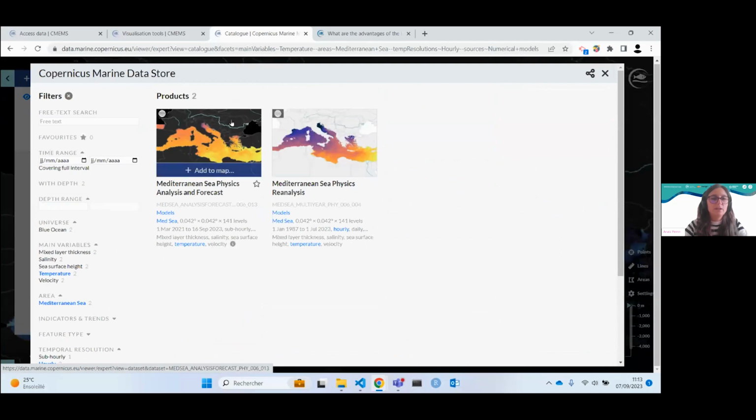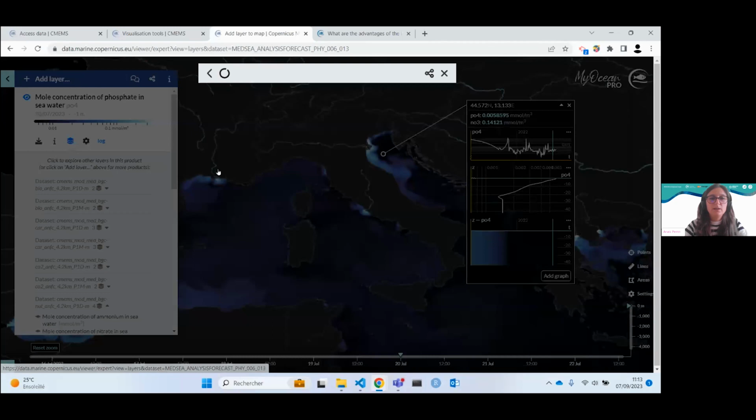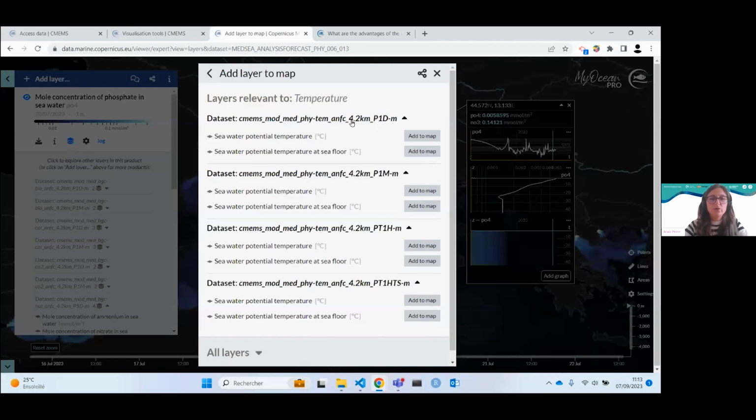I will choose the first, and I can access the variable directly by clicking on the Add to Map here, and choosing my variable from the hourly dataset here, H for hourly.